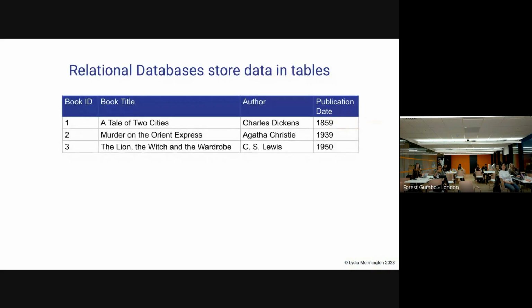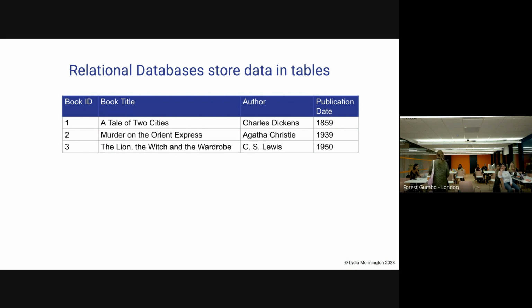So intro to SQL. To understand SQL, you first have to understand a little bit about databases. I'm not going to go into it too much, but effectively, the core thing you need to know about relational databases is that they store data in tables. So here we've got a list of books. You've got a few key things. You've got a unique ID for the book. You've got the title of the book. So here we've got A Tale of Two Cities, Murder on the Orient Express, and The Lion, the Witch, and the Wardrobe.